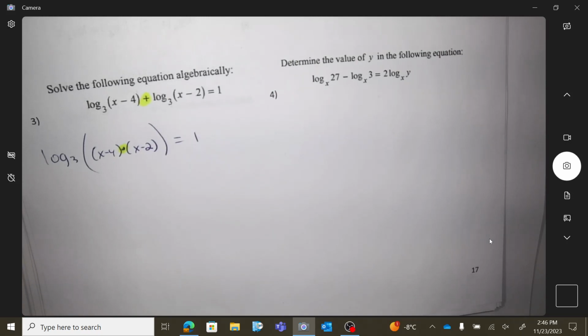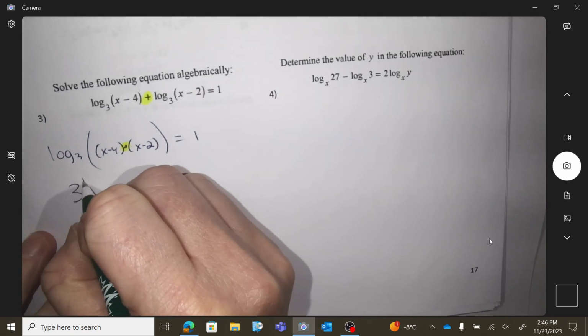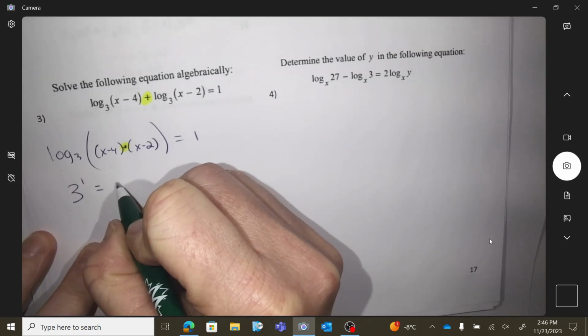Now, what did we say? Change the positions. So this is a log. We're going to go into exponent now. So can you go base to exponent equals a result? Can you write that form for me? Base to an exponent equals a result.